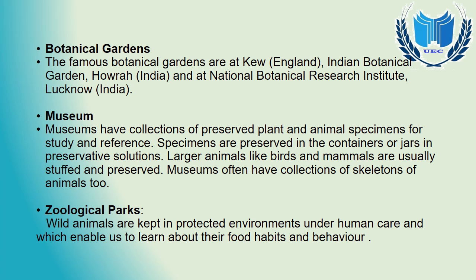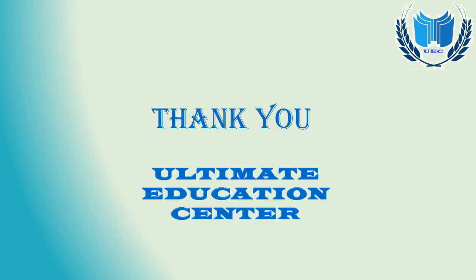Under the human care, it enables us to learn about their food, habits, behavior, right? All these are studied at zoological parks. Moreover, they are also a place of enjoyment.